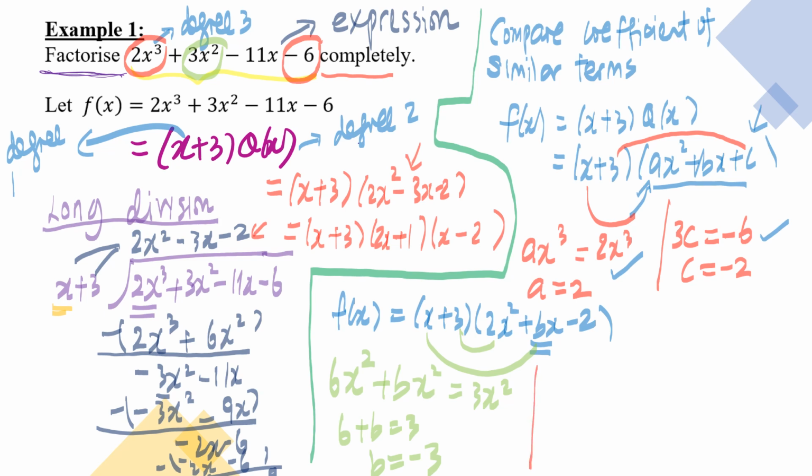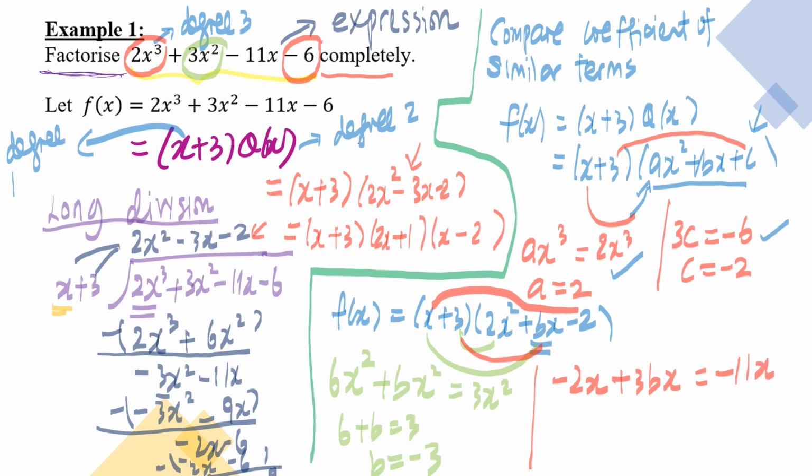In the event that you decide you want to compare the x term instead, it can be done also. Then you would have to take this to give you negative 2x, and then this one here, the red one, plus 3bx. This will be compared with the x term, which is negative 11x.